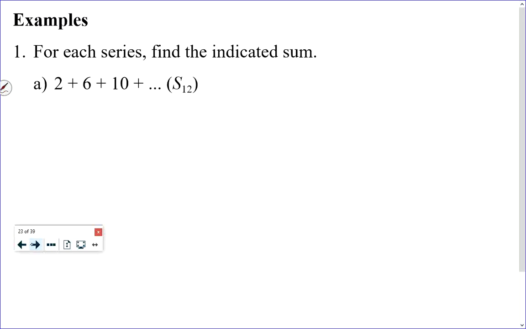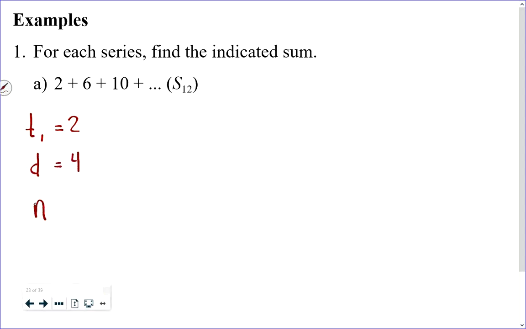All right, let's get to it. What's the sum S12 equal to? So let's make an itemized list of what we know. By looking at this series, because there's plus signs in there, we know the first term is 2. We know the common difference is 4.